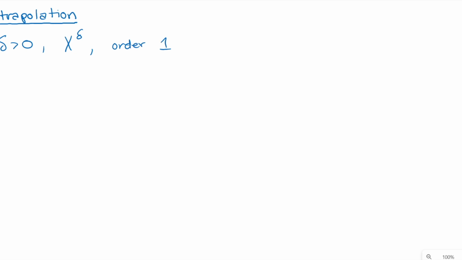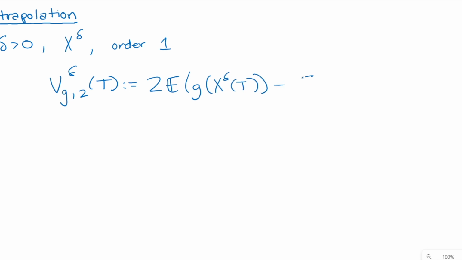Then we define the value v g 2 delta t to be 2 times the expected value of g of x delta t minus the expected value of g of x 2 delta t.